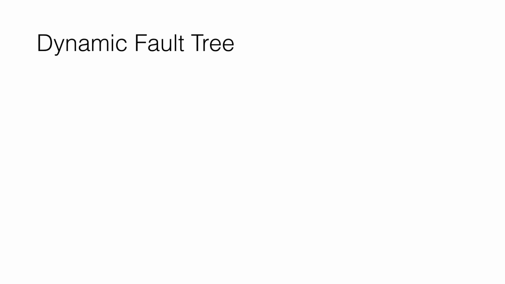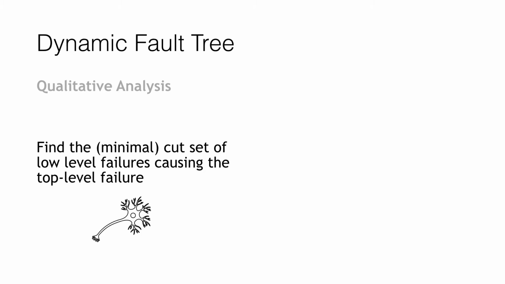This will permit us to do two things with regards to studying our model system, which is the Singapore Metro. There's a qualitative analysis component, which is finding the minimal cut set of low-level failures causing the top-level failure. And think of this more as a way of finding dependencies on different components and events.